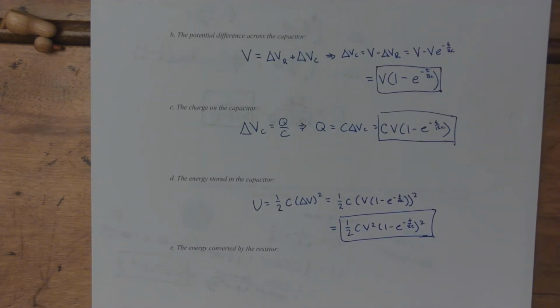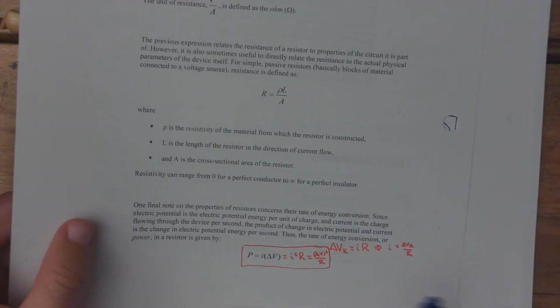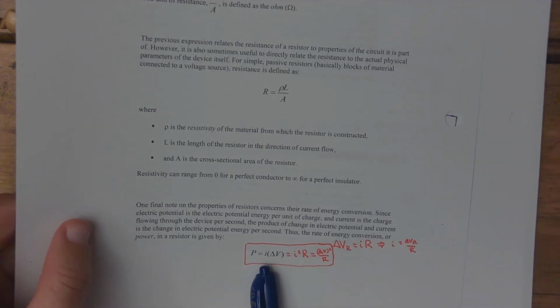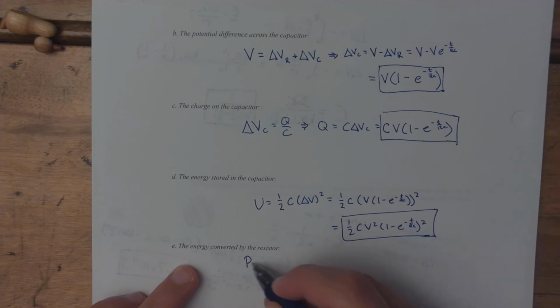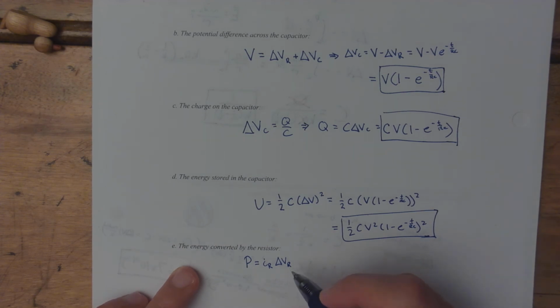Then I want to find the energy converted by the resistor. The energy converted by the resistor would be the power. We should have an equation for that in the beginning of this section also. So here it is on page 4, and we have an expression for the current, and an expression for the change in potential across the resistor. So the power is equal to the current through the resistor times the change in potential across the resistor.